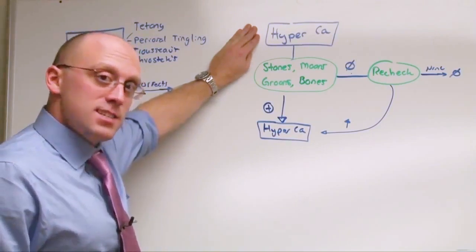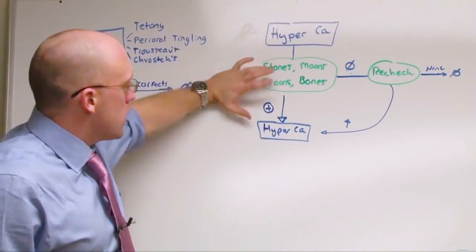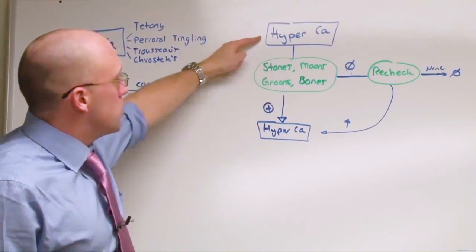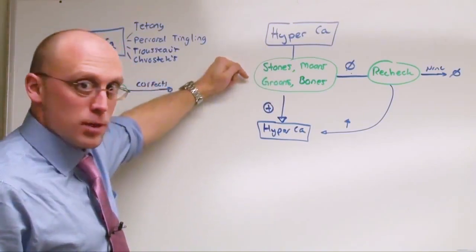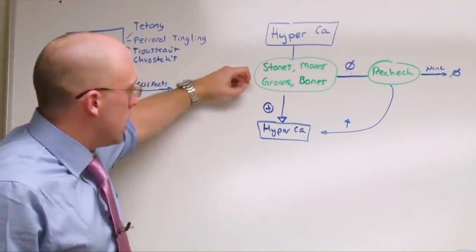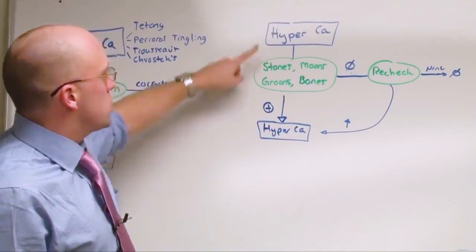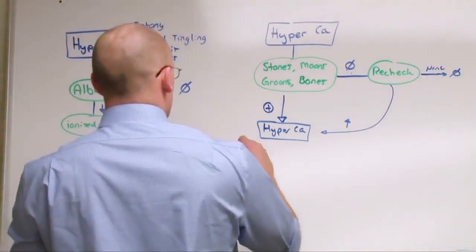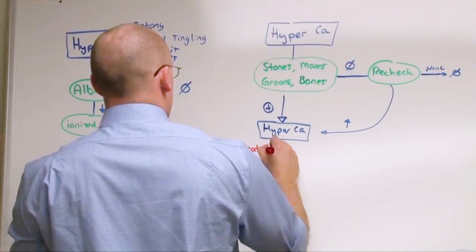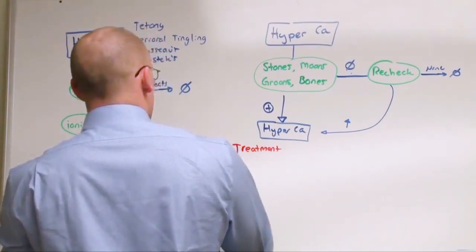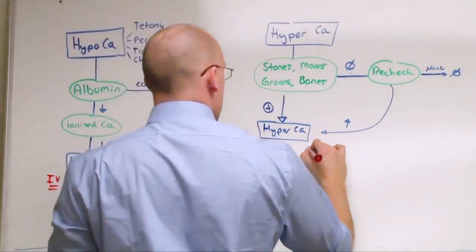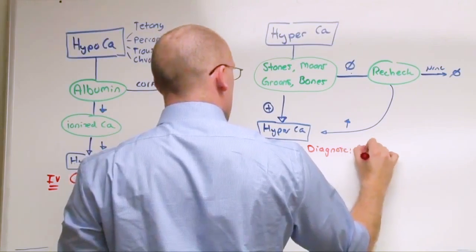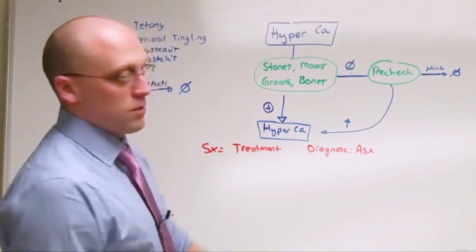If it really is indeed elevated, you can think about treating it or more likely diagnosing it. If the person comes in with hypercalcemia, has symptoms of hypercalcemia, you don't have time to mess around, you're just going to treat. So I want you to see this. If you cascade straight down, you're going more for the treatment side. If symptomatic, then treatment. If asymptomatic, then diagnose. And the diagnosis will be the rest of the video.